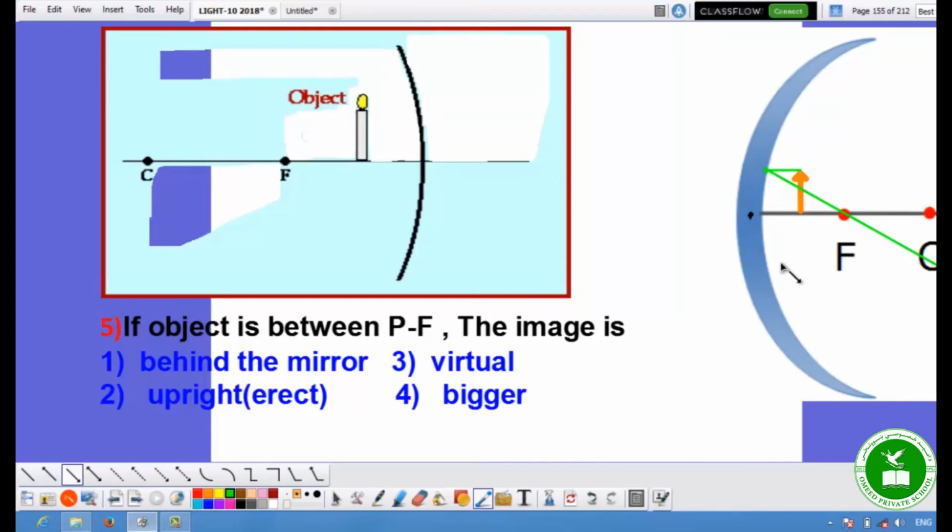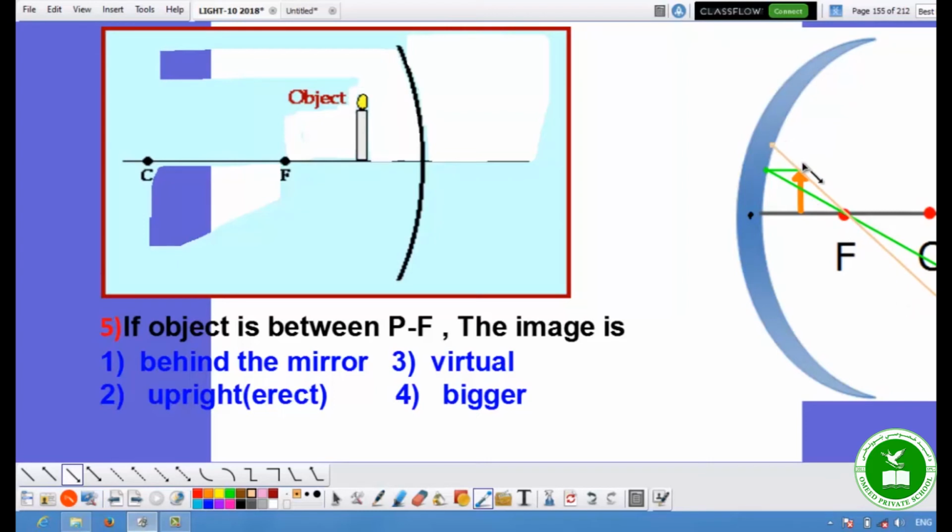Another special ray was, remember, if this incident ray comes from the focus, how will it be reflected, remember? It will be reflected parallel to the principal axis.